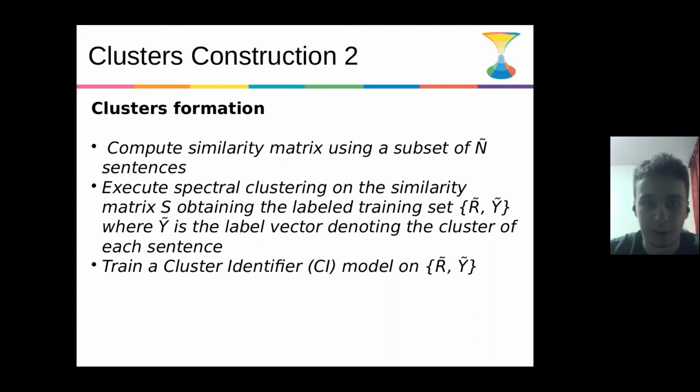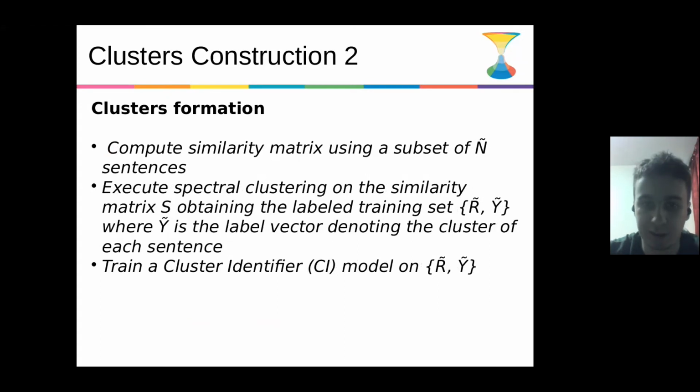Next, we can compute a similarity matrix using the model that we just trained. And then we can execute spectral clustering on this similarity matrix and obtain a labeled training set where the labels tell us for each sentence which cluster the sentence belongs to.